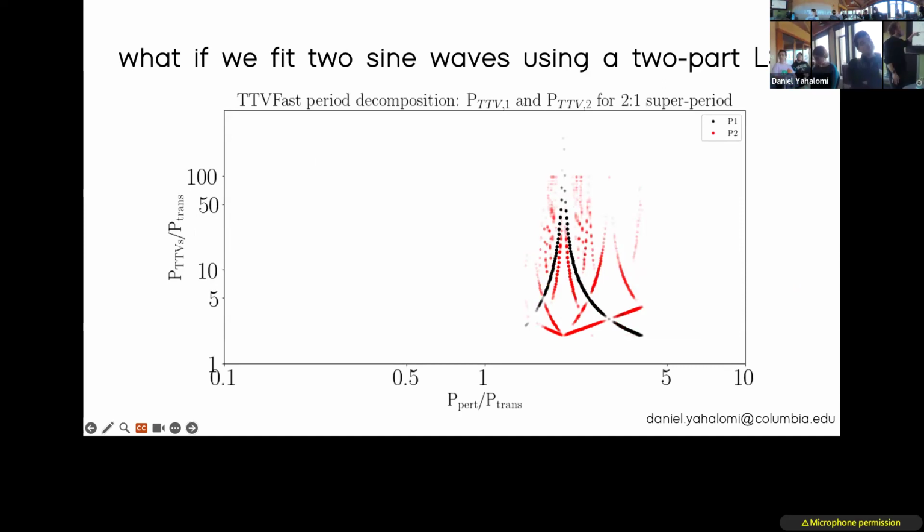And what we're hoping to do, by building out this multiple periodic decomposition, is predict, if you see a certain number of TTV periods with a certain value set, where those 2 planet systems fall in order to cause these observed TTV periods.